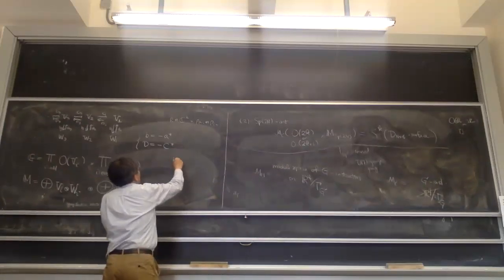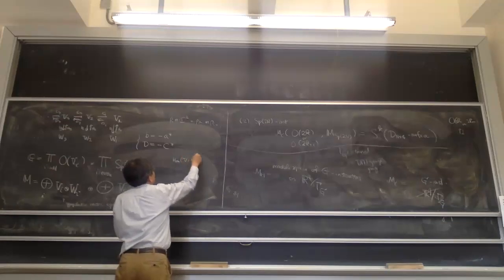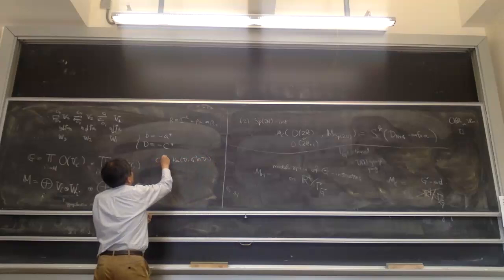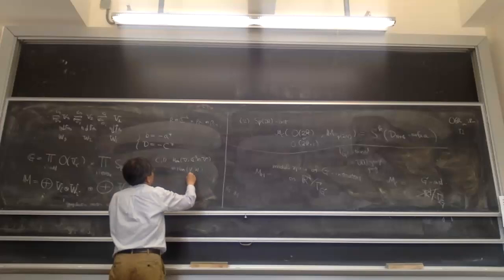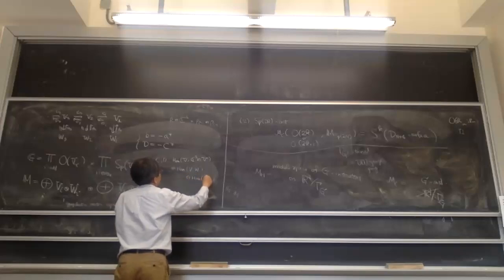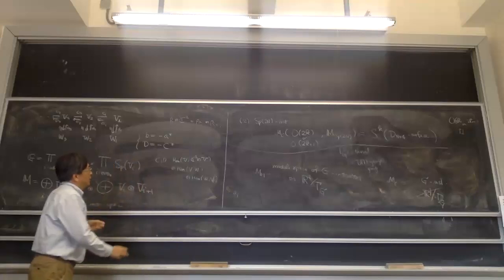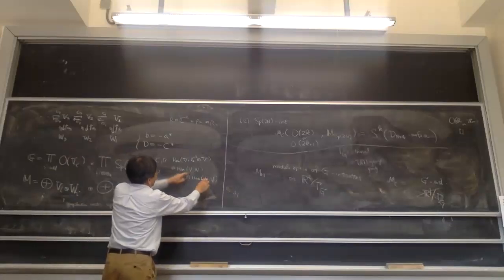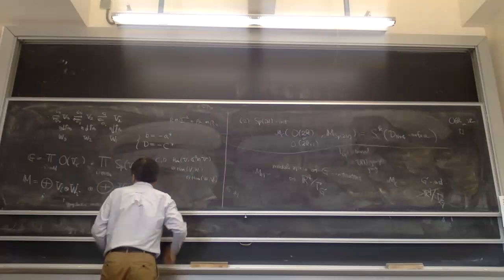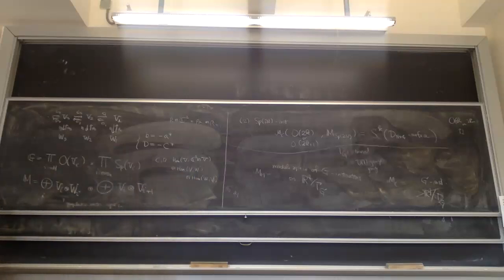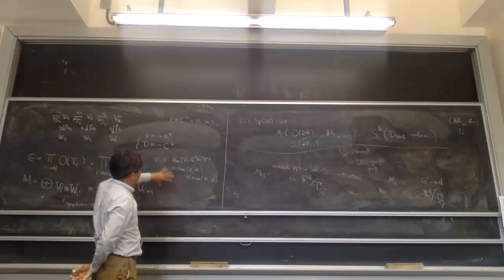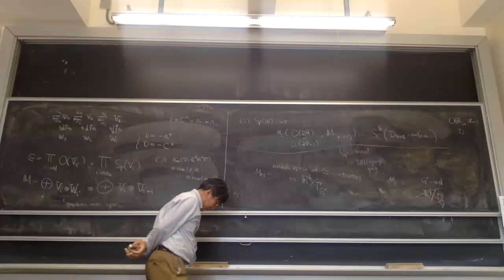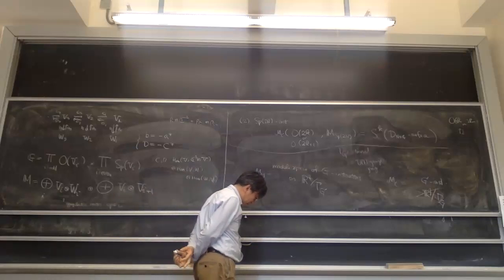We have Hom of V and C2 tensor V, so this is the C and D part, and we have Hom of V and W. So those symmetric or symplectic Homs are defined after taking the SL2 invariant ones.